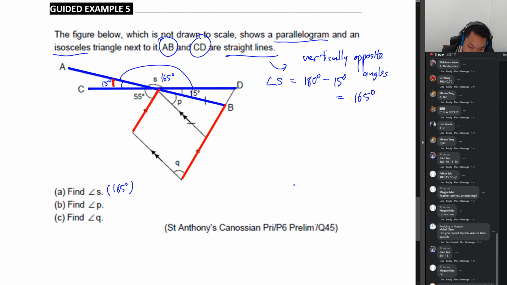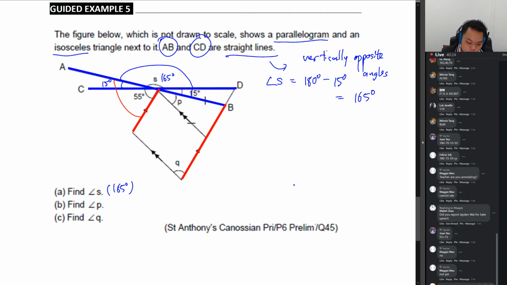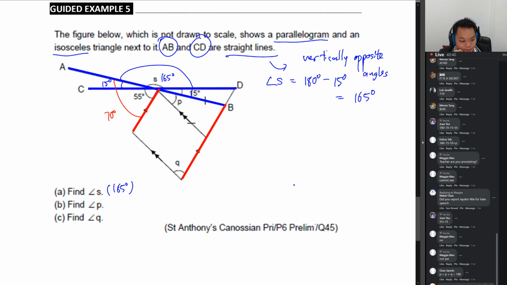So yeah, 55 plus 15 degrees gives you 70 degrees over here. Correct? So where else has this 70 degrees? Which other angle has this 70 degrees? P plus Q.